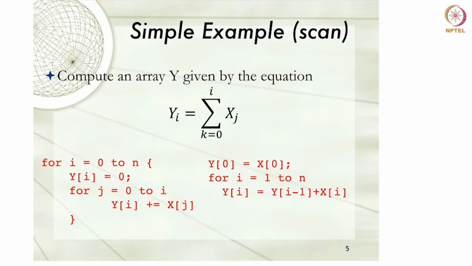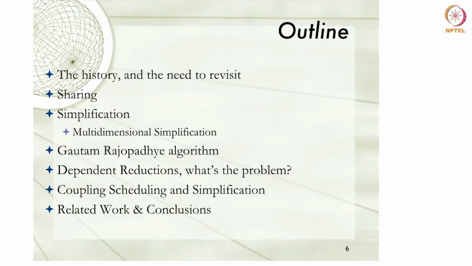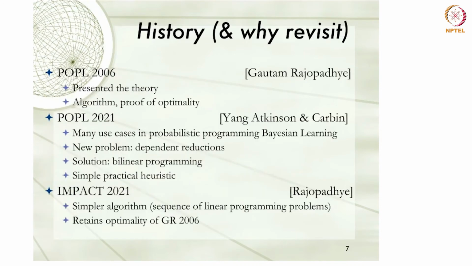The exercise problem that I gave you is asking you to do exactly this kind of analysis for something that is not as trivially simple as this one. This one is trivially simple, but I want to now show you how we do that. So a little bit of history. Like I said, in 2006, we wrote a paper that presented this theory of simplifying reductions.